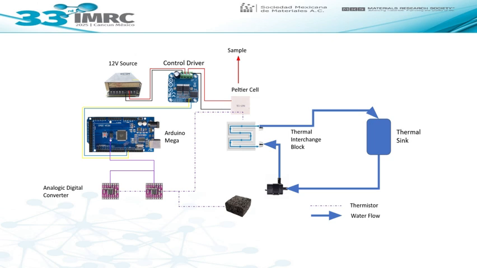This Arduino Mega board gives a PWM signal to a control driver that is fit for a 12-volt source and controlled by a PID control, giving a response that keeps the temperature of the sample constant. To measure the temperature of the sample and the reference body, we have two analog-to-digital converters.